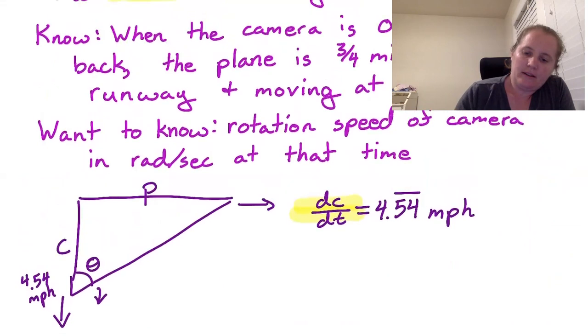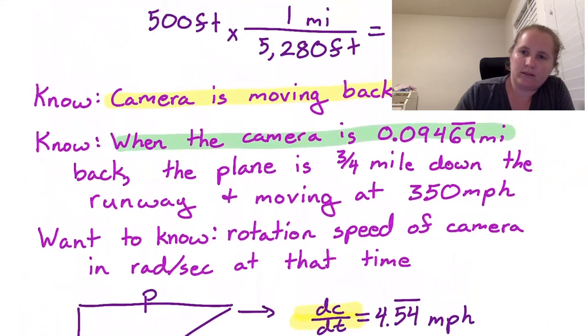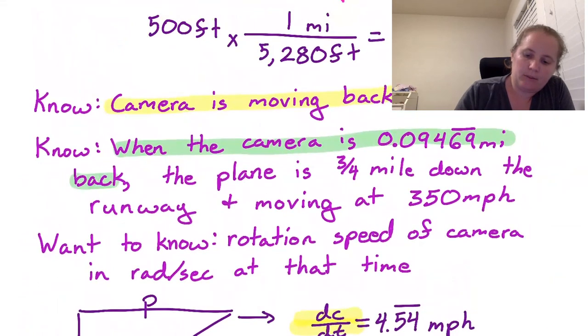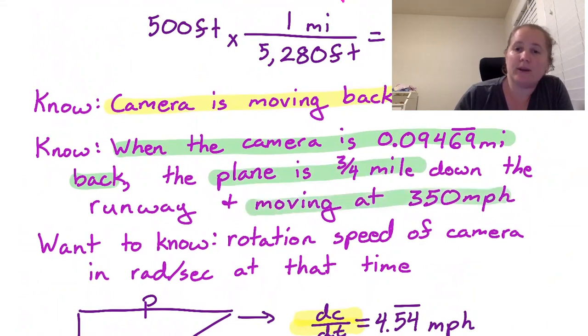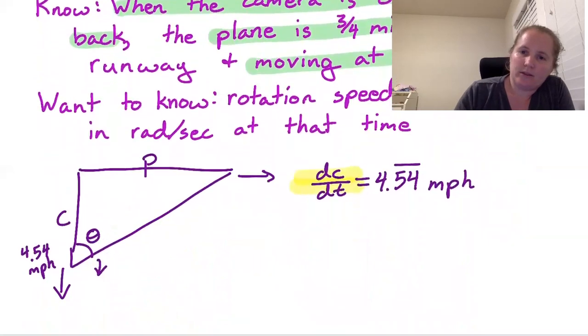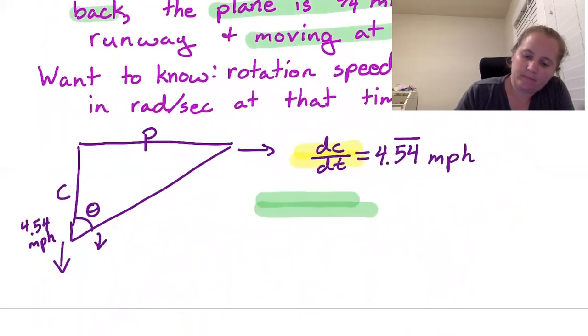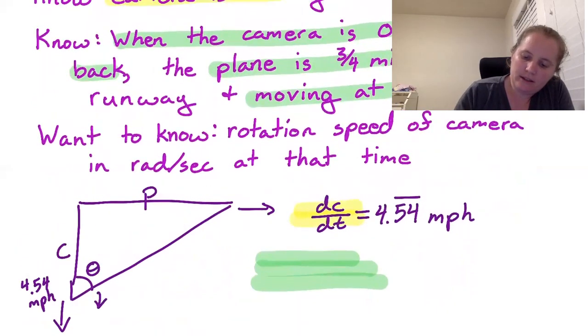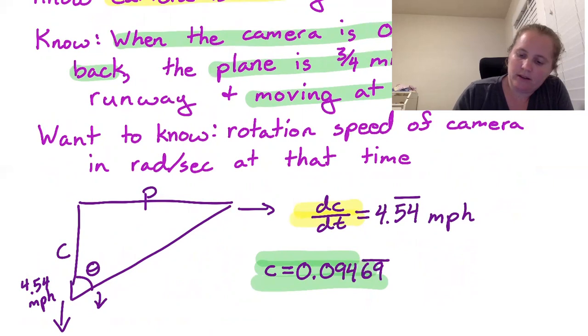And then when the camera, so this will be in green, when the camera is 0.094 miles back, the plane is 3/4 miles away along the runway, and it's moving at 350 miles per hour. So now what's in green, we have the camera C is 0.09469 repeating miles.